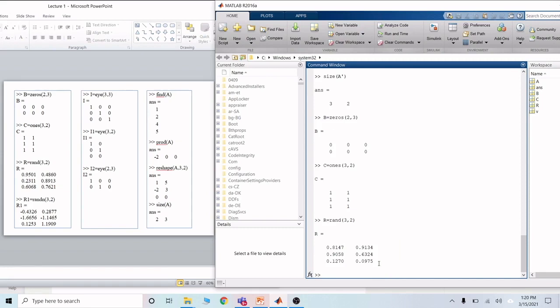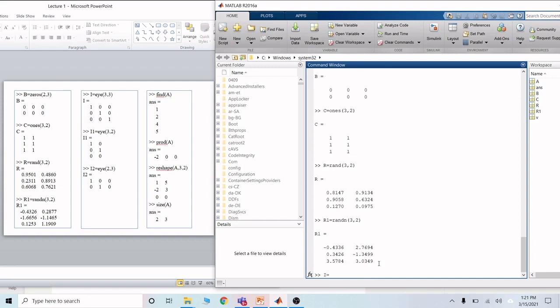R1 is equal to randn(3,2), a 3 cross 2 matrix, standard normal distribution. You can change the names R and R1 accordingly.